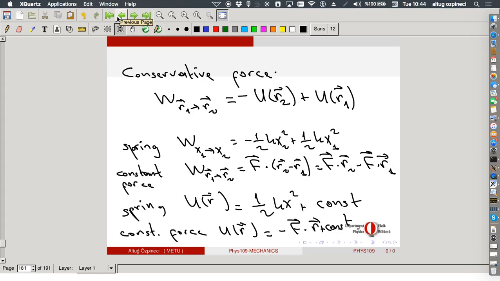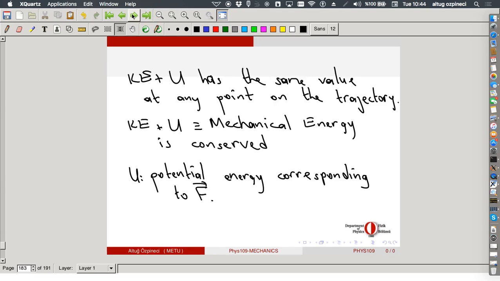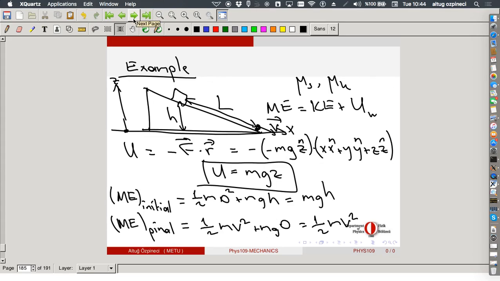Now, the important thing is this expression, that the gravitational potential energy is equal to mgh or mgz. This is valid only if the weight of the object is constant, only if g is constant. So if you go high up in the sky at heights at which g is not a constant, then you cannot use this one.